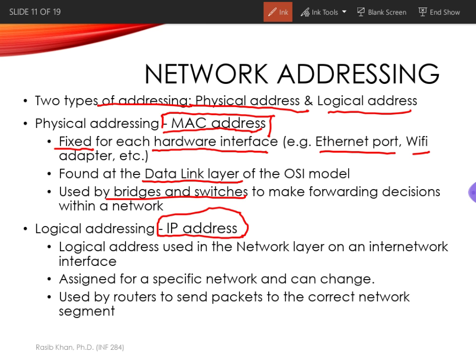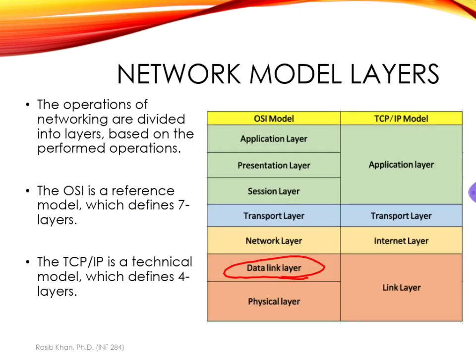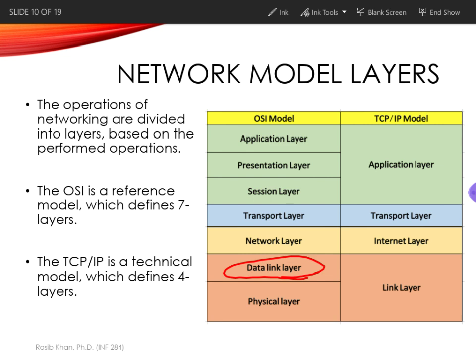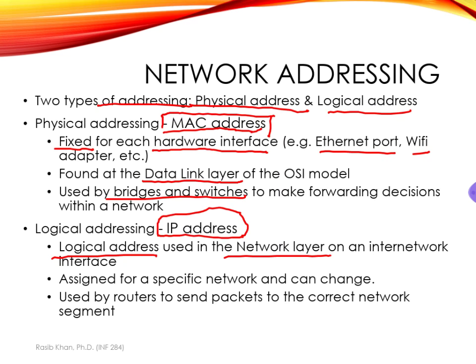Even if you're connected to the same network at different times, you may receive different IP addresses. So the logical address is used in the network layer for a given network interface. So the network layer is right here, and the network layer uses IP addresses to make networking decisions.